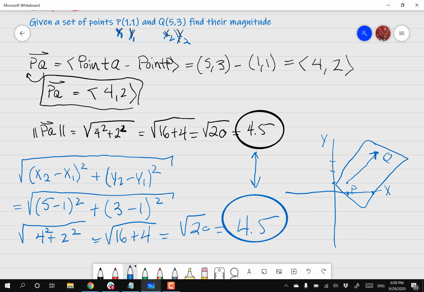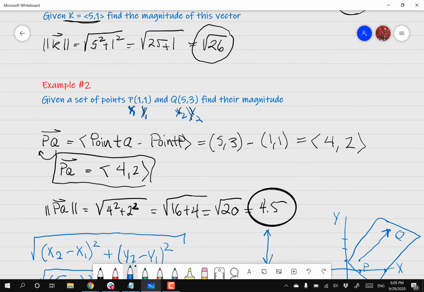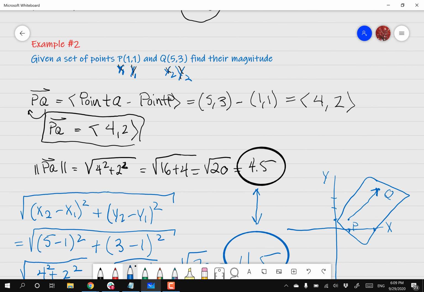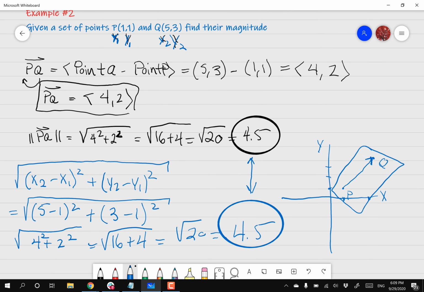In the example above, we're provided with an already existing vector. We have the components, so all we're doing is taking the first component, squaring it, taking the second component, squaring it, and then taking the square root of the whole thing. Over here on the second example, we're just given 2 points. We graphed our points, and we mentioned that the magnitude is the length of a vector.